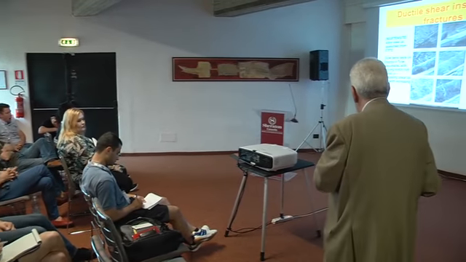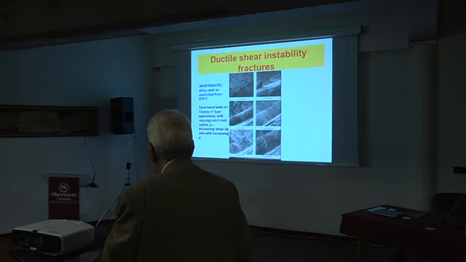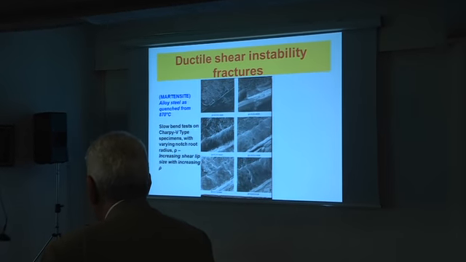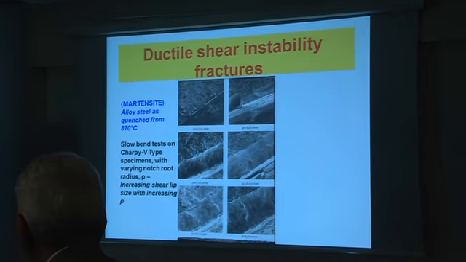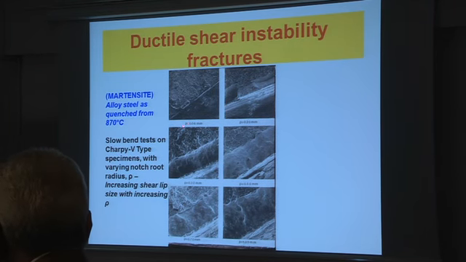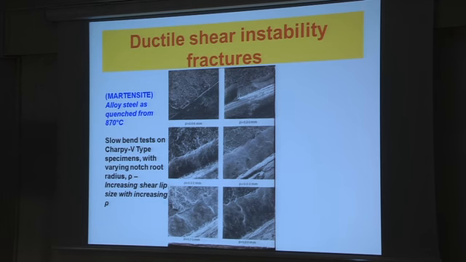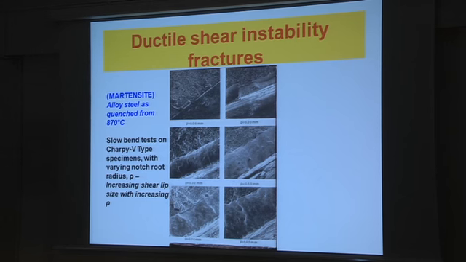What I want to show is slow bend tests on Charpy type specimens with varying notch root radius rho. And you see the rho goes from very little, 0.006, to very large, 1 millimeter. What's the root radius of a Charpy V specimen? 0.25.